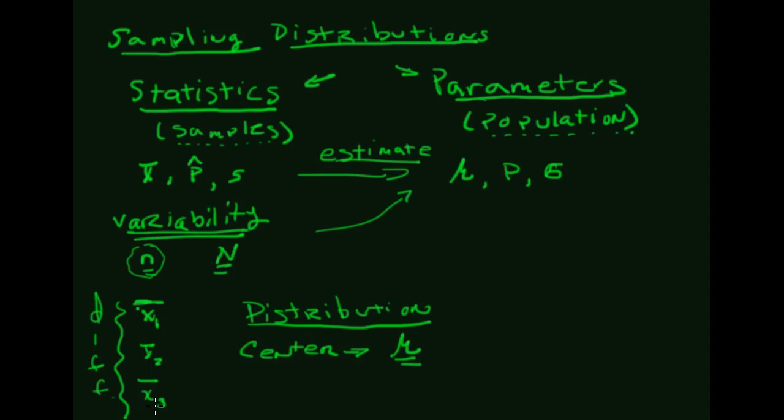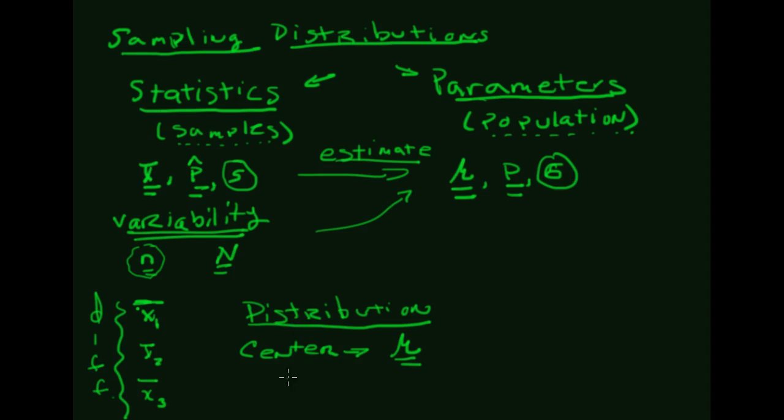So I'd love to have the center of the sample means be the population mean, the center of the sample proportions be the population proportion, and the center of the sample standard deviations be the population standard deviation. Spoiler alert: it works for the mean and the proportion, but not the standard deviation.